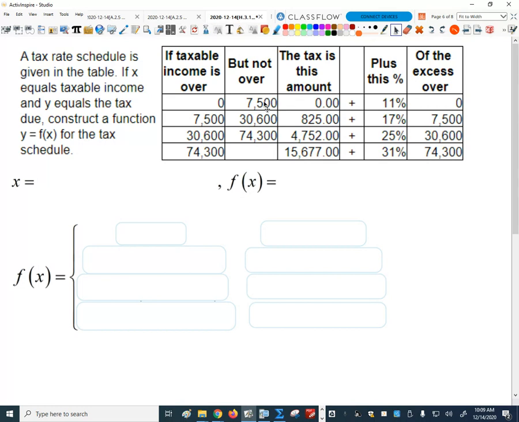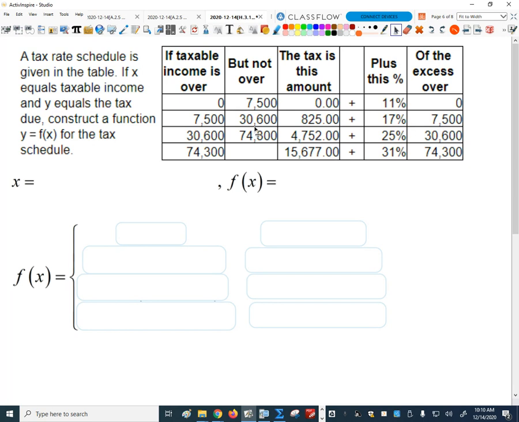Once you get over $7,500, so if it's over $7,500 but not over $30,600, then you're going to pay $825, which is 11% of $7,500. You're going to pay all the tax you would pay for $7,500, plus you're paying 17% tax on the amount of your income that is over $7,500. See what I'm saying?